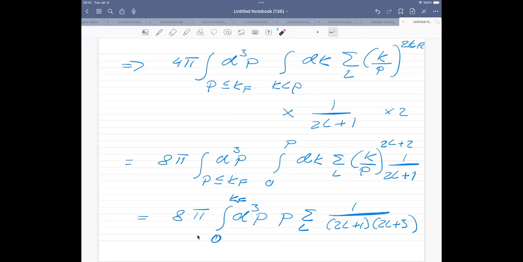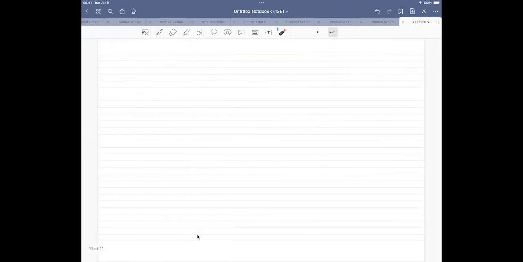But then I need one of these factors of 4 pi in front of the integration over dp of P, because I have a P squared here and P, so I get a P cubed. And when I integrate that one up, I get a 1 over 4. But then I get in the integral here, I get a 4 times pi over the angles. So that means that I'm left with 8 pi squared.